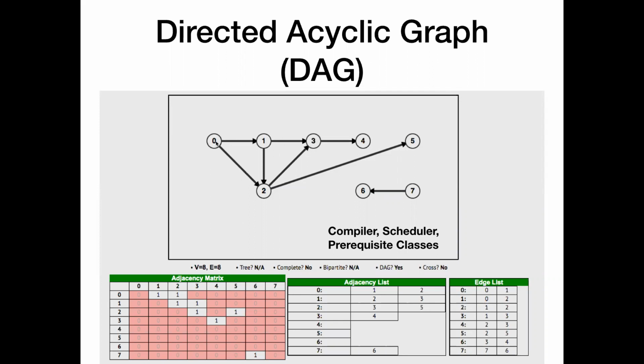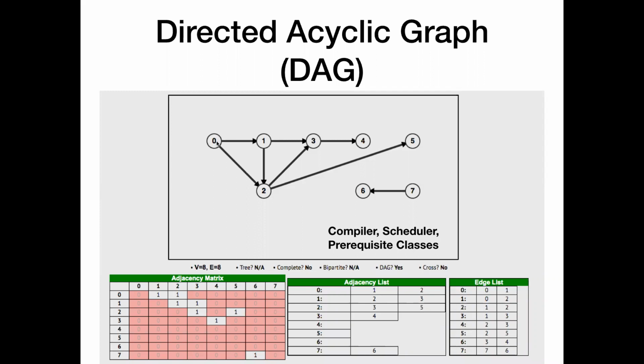You don't want to reprocess, start from 0 and go till 3. That's where it's useful. For example, in order for someone to take class 3, they must take 1 and 2, and they must have also taken 0 as one of the classes. So that's one way of putting it through this example.